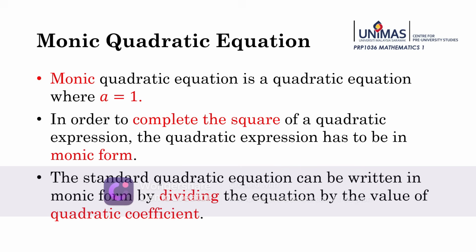The standard quadratic equation can be written in monic form by dividing the whole equation by the value of the quadratic coefficient. Then you get your quadratic term with a quadratic coefficient of 1.